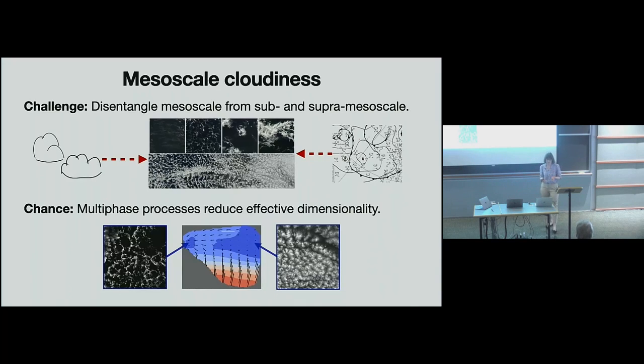And the chance I see is that multiphase processes reduce the complexity of the problem because they give rise to self-organization, as for example, the simplification that the whole complexity of the stratocumulus clouds is somewhat broken down into this bistable situation of open and closed cells. And with this, I thank you for your attention and look forward to the questions.